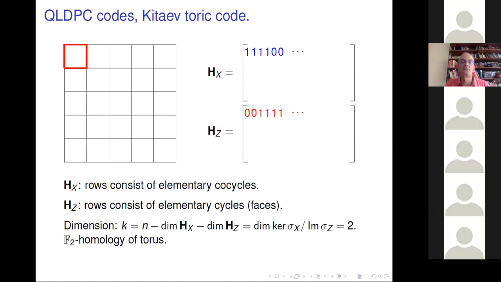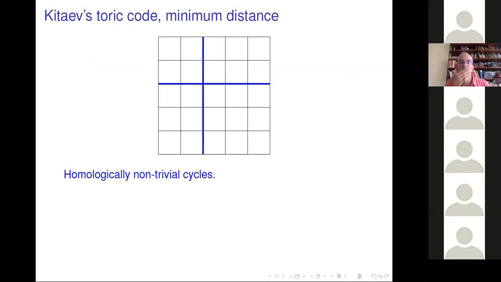It gives a code of dimension 2, and minimum distances are given by cycles which are not sums modulo 2 of boundaries of squares.